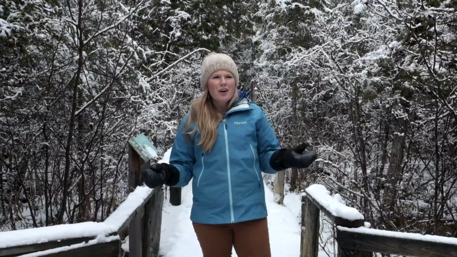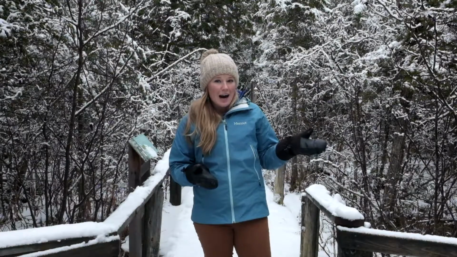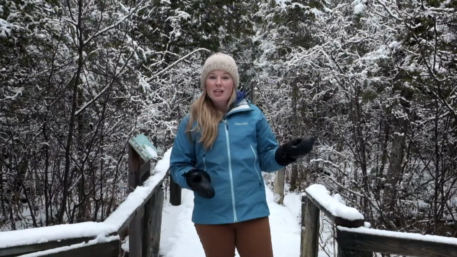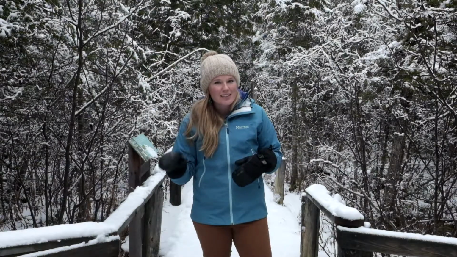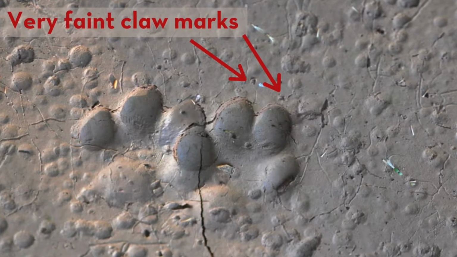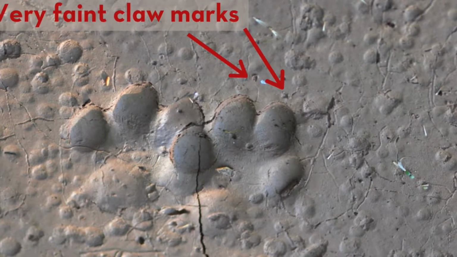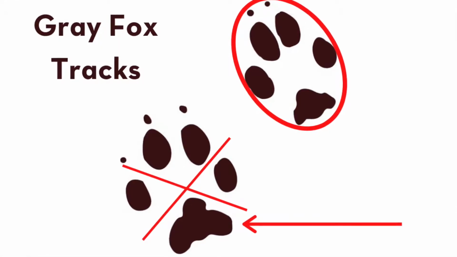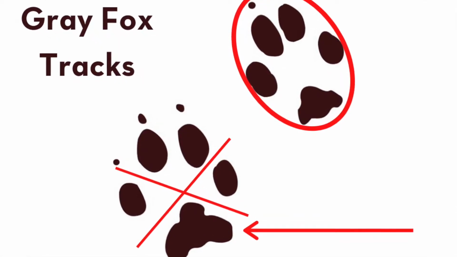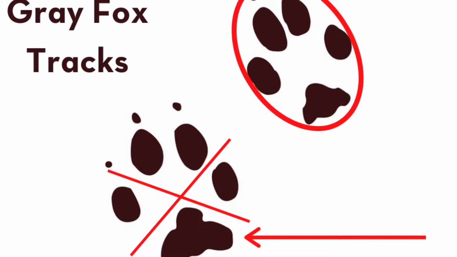And they also do very cat-like things, like they're the only New World canine able to climb trees. So they've got these semi-retractable claws that don't always show up in tracks, but you should still be able to identify it as a canine track by the overall oval shape, the shape of the heel pad, and the fact that you can draw an X in the negative space.